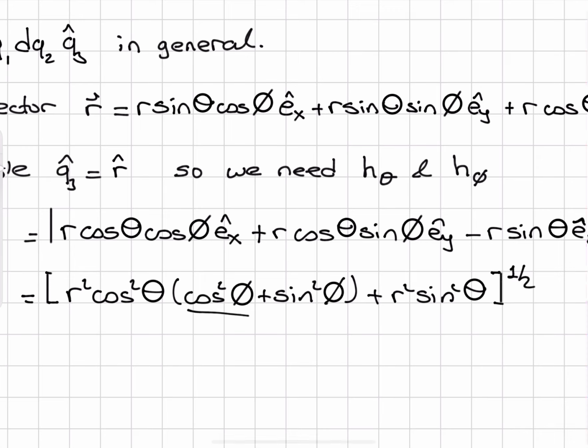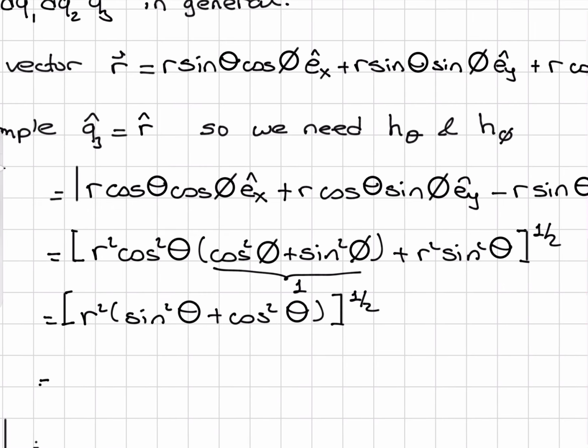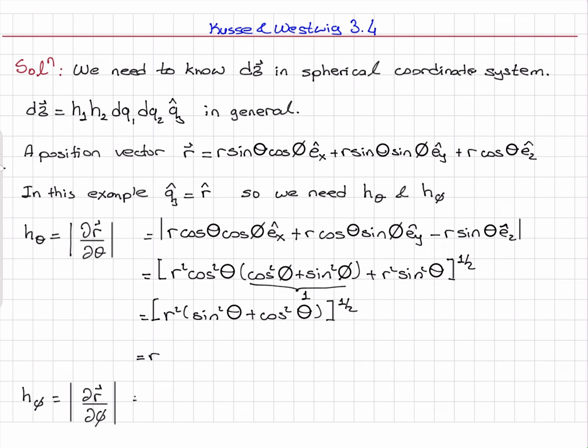Now cosine square phi plus sine square phi is equal to 1. So this is the square root of r square times sine square theta plus cosine square theta, and that gives us basically r. So our scale factor for the polar axis is r.